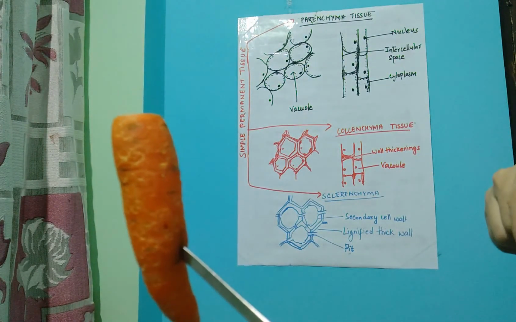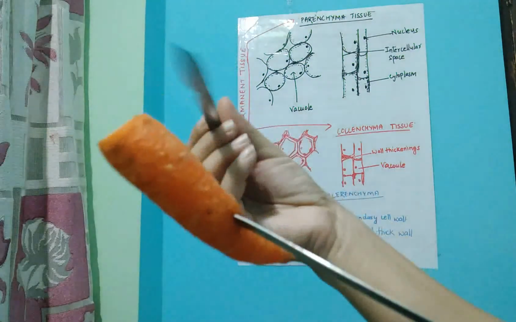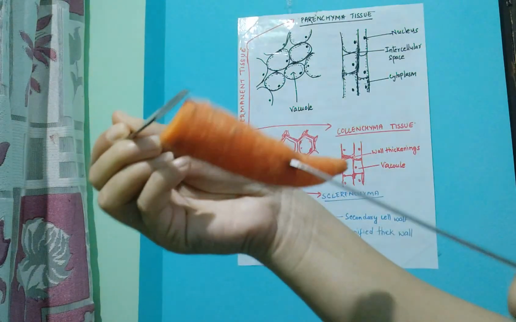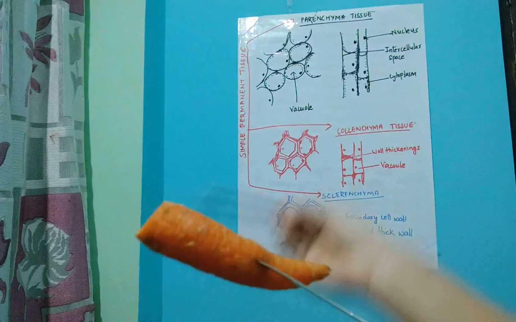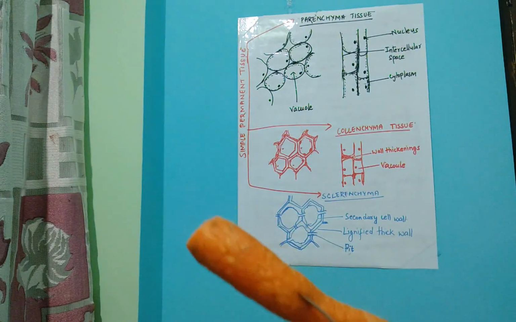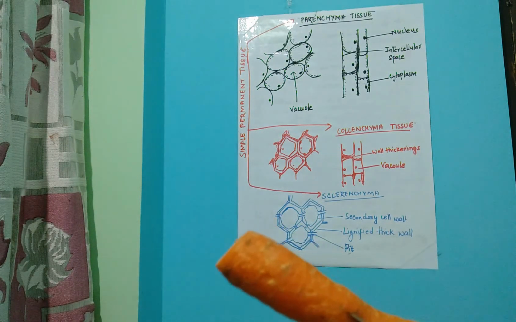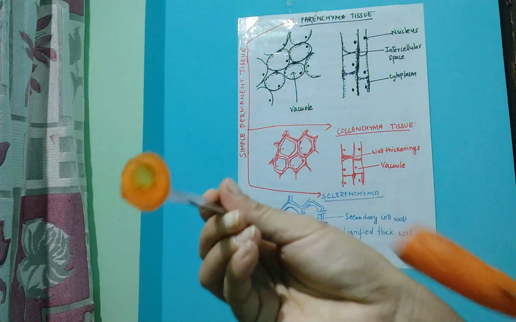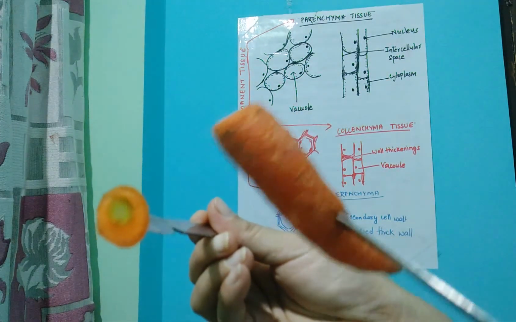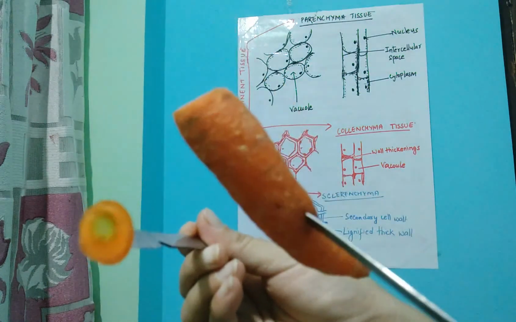Longitudinal section. And when you cut like this, across, that is known as a cross section. So here you see, this is your cross section of the modified root, that is carrot.